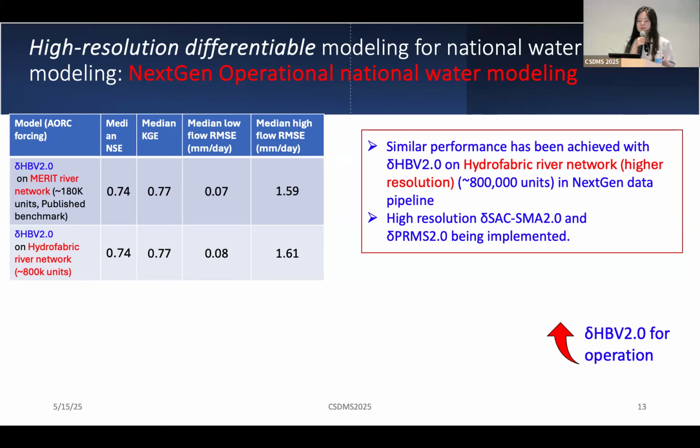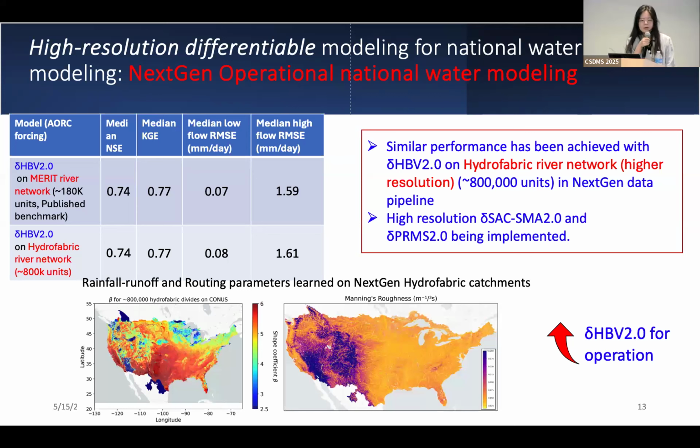That means it can now be integrated into the next-generation data pipeline of the national water model. Besides the HBV model, we also have the SACMA and PRMS models' high-resolution versions being implemented. Here are the parameter patterns learned by the neural network across the CONUS.